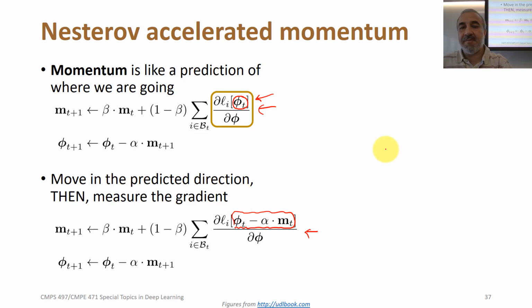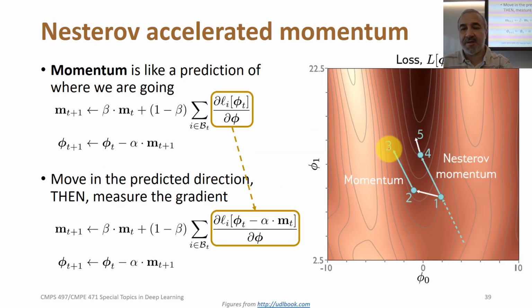Same here. If you look at the loss function, that's the same idea that we saw in the previous slide, but on the loss function that we saw at the beginning of the lecture. We are at point 1, that's the current model, and this dotted line is the direction of the momentum.